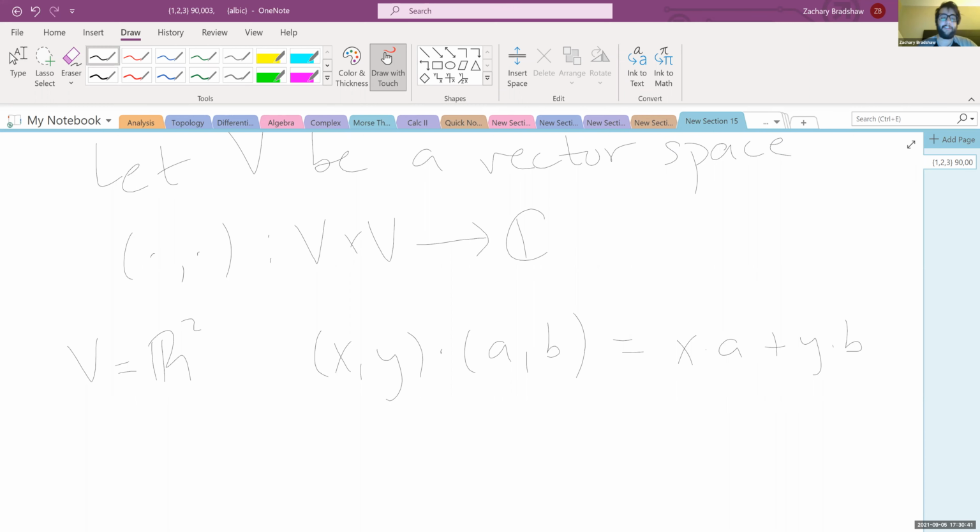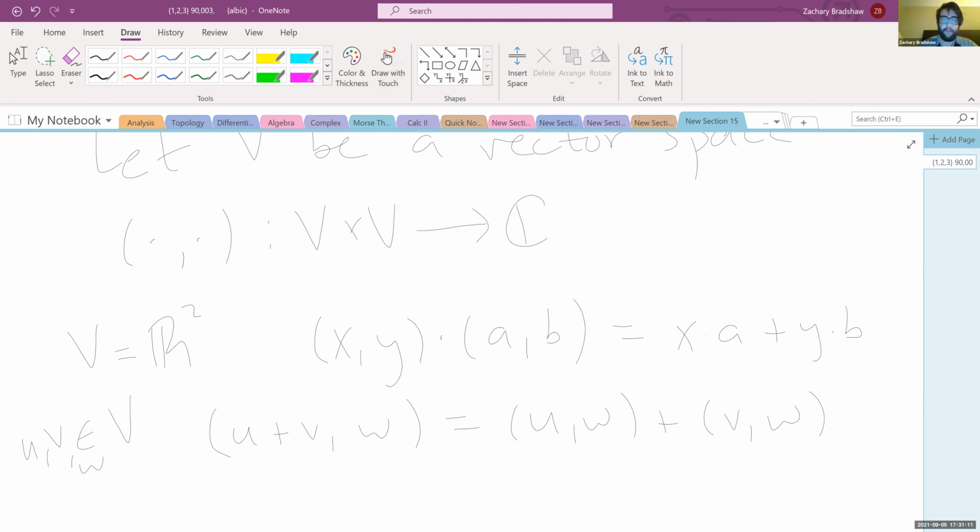So what makes an inner product an inner product? Well, it needs to be linear. Let's say u and v are elements of my vector space, and I need a third one, let's call it w. Then the inner product of u plus v with w needs to be equal to the inner product of u with w plus the inner product of v with w.